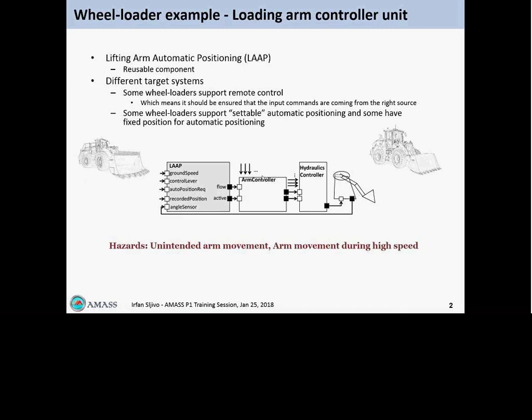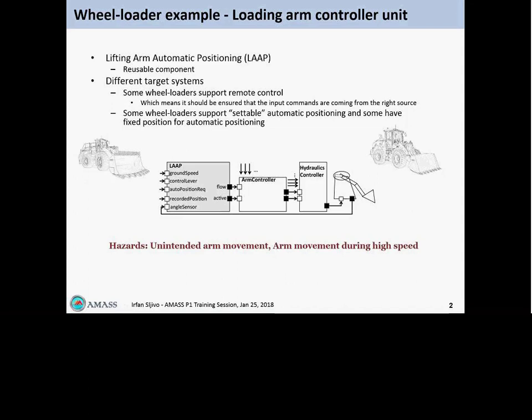So there are some hazards that can pop up here. Unintended arm movement can happen if input controls are wrong. For example, if the angle sensor of the arm is wrong, then we can have unintended arm movement. Ground speed, for example, and so on. But we can also have a hazard like arm movement during high speed, which can be dangerous.